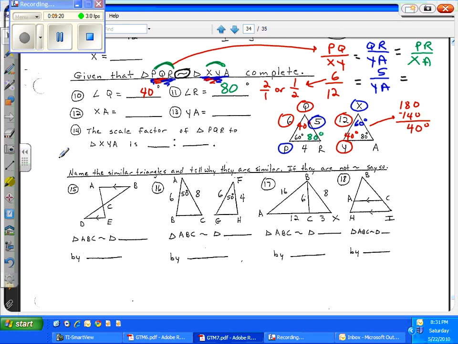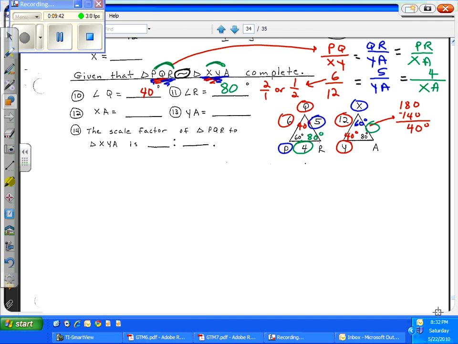Equal PR, which is 4, matching up with XA, which we don't know. So when we look for XA and YA, we would be using proportional reasoning there. We could use a proportion or dimensional analysis, and I think I'll do one of each.